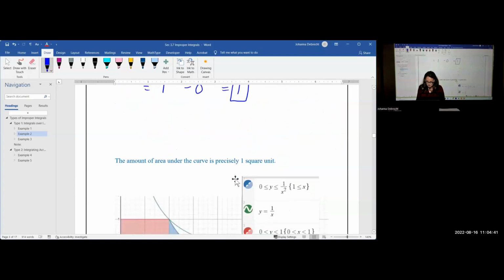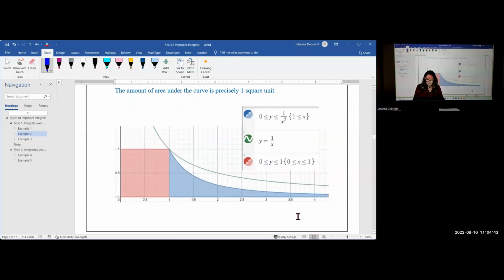Let's take a look at what this looks like. So here's our graph again. So this curve in green is the graph of 1 over x, whose area from 1 to infinity is not finite. And this is the graph of 1 over x squared. And then what do we have here in this sort of red color? Well, this is 1 square unit of area.